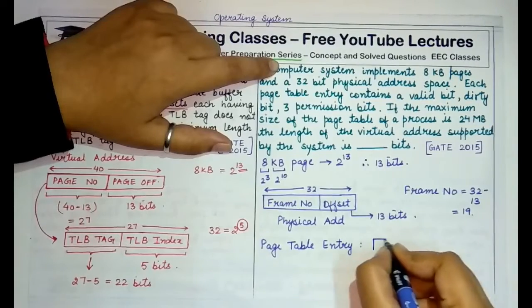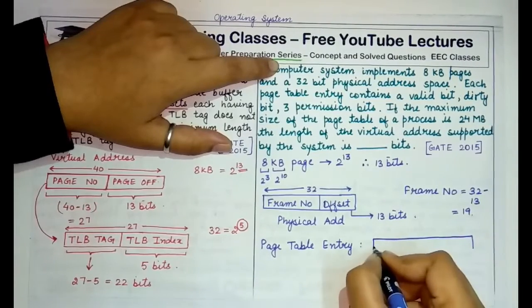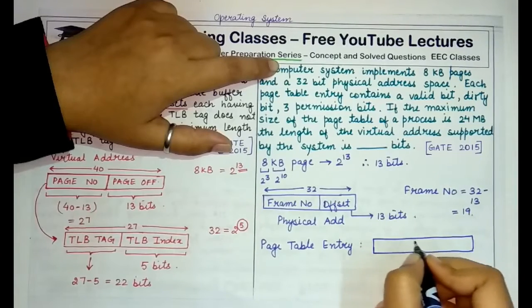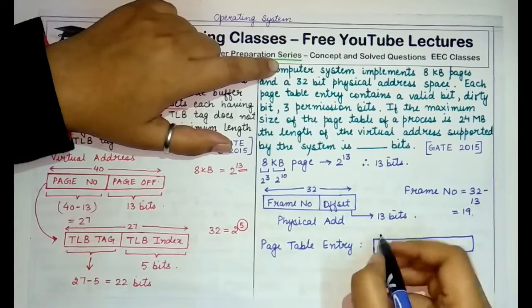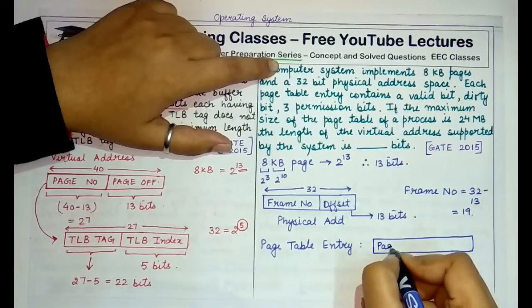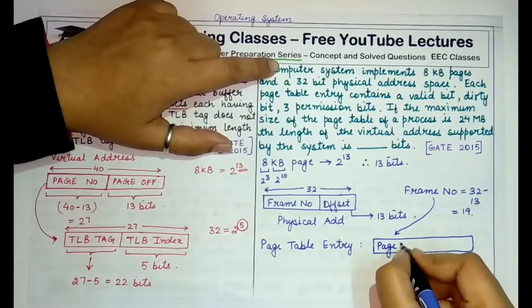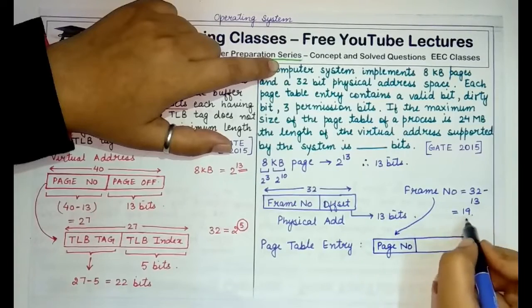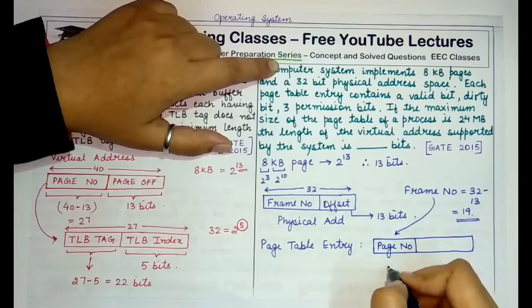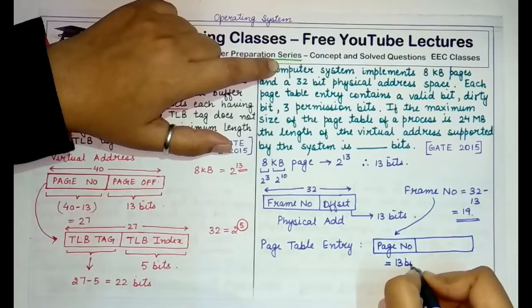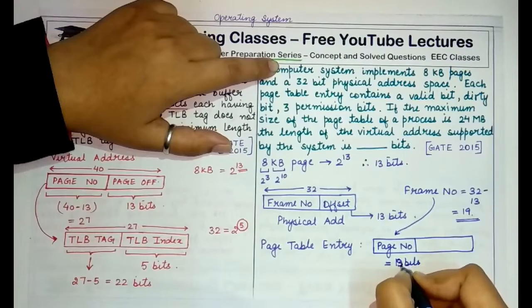So if we have a page table entry, we would have something like this: there is a page number that we are mapping to, which would correspond to this frame number, which would be the same in size as the frame number. That means this page number field would be of 19 bits.